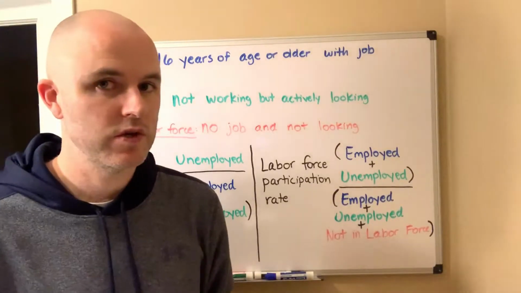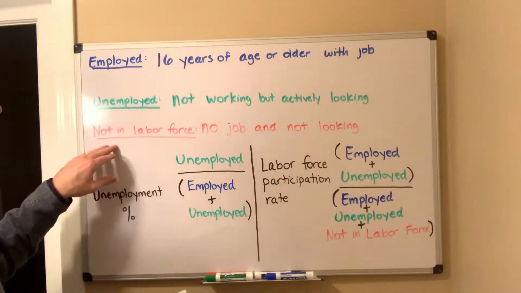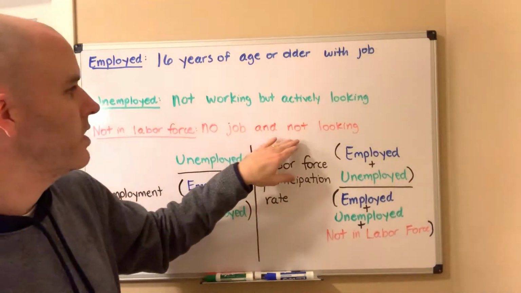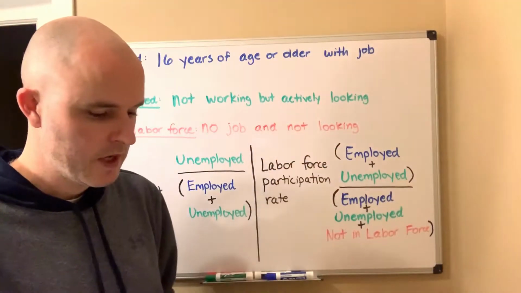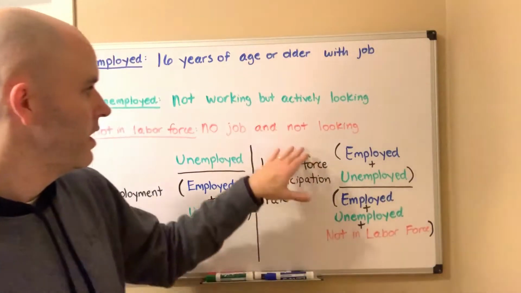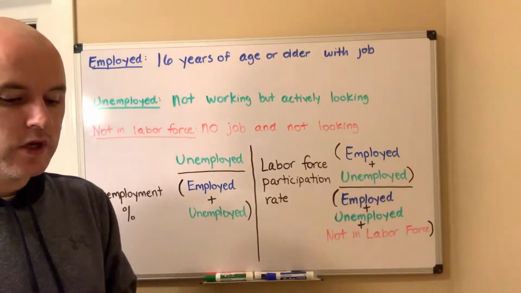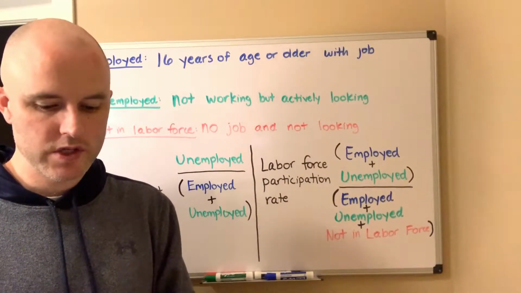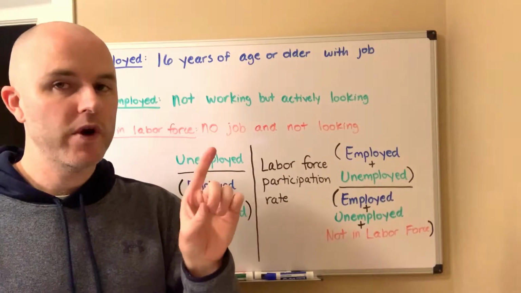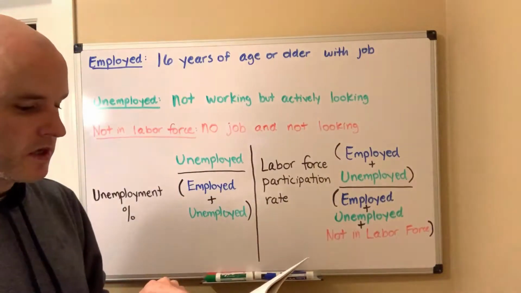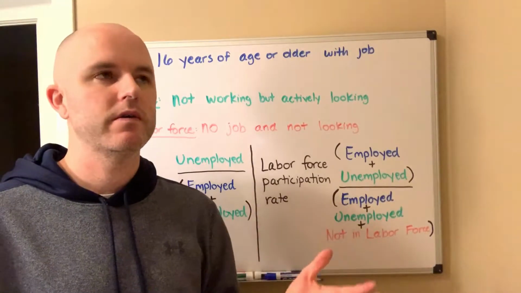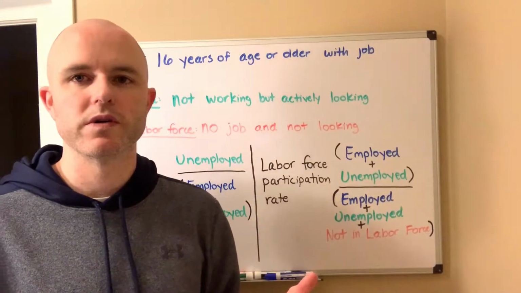So this takes us to the last term we need, and that is not in the labor force. That means you have no job and are not looking. This statistic typically includes stay-at-home parents, retirees, students, and, very important here, it also includes people that would like to work, but there's a term called discouraged workers.